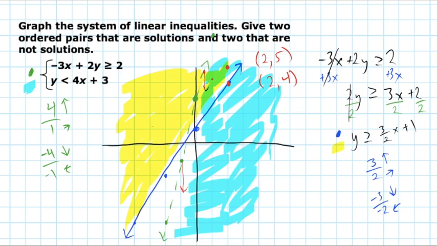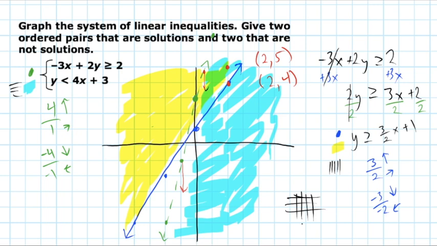So that is graphing systems of linear inequalities and finding their solutions. If you don't have highlighters that give you a nice little mix of colors, one thing you could do is do horizontal shading for one and vertical shading for the other one, and then when you combine vertical and horizontal, you get a nice little crosshatch.